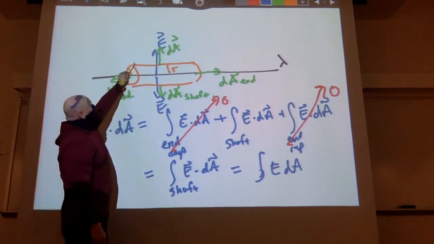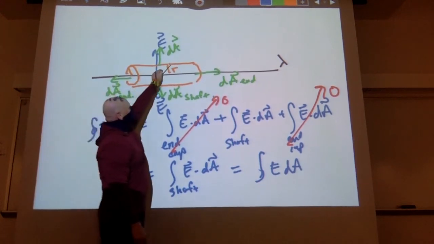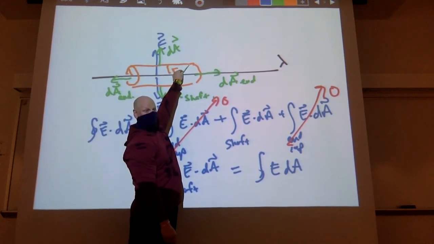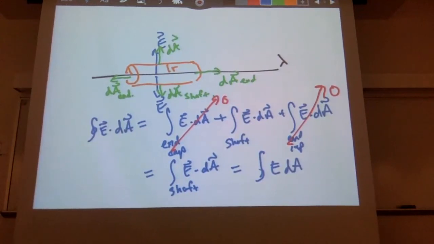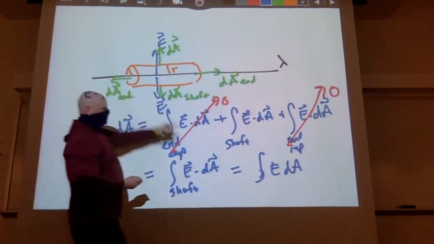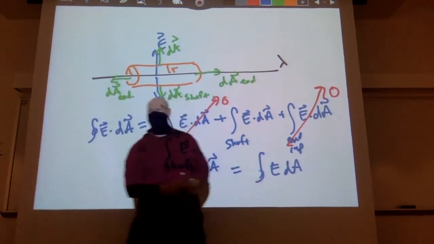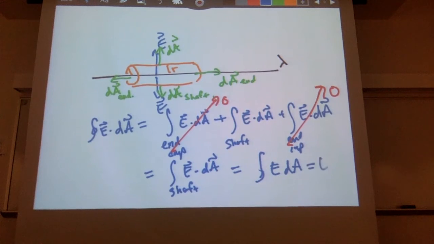Now, what can you tell me about the value of the electric field here versus here versus here versus here? They're all the same. Which means the electric field is constant, so it comes outside of the integral. So this thing finally becomes the electric field times the area of the shaft.